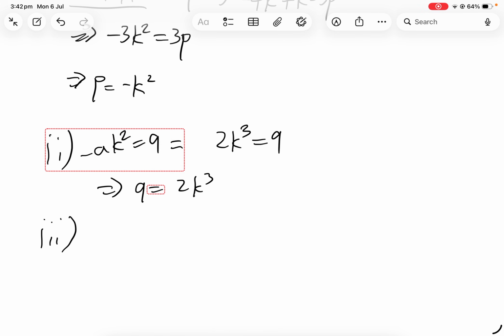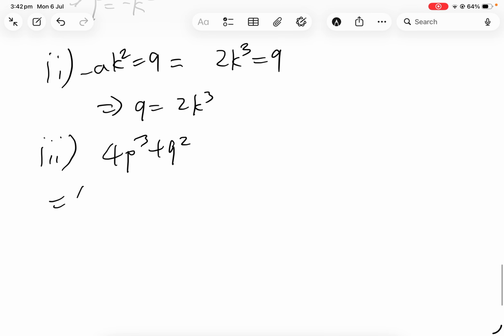Because negative k times negative 2k. Oh well. And part 3 of this says show that 4p³ + q² equals 0.